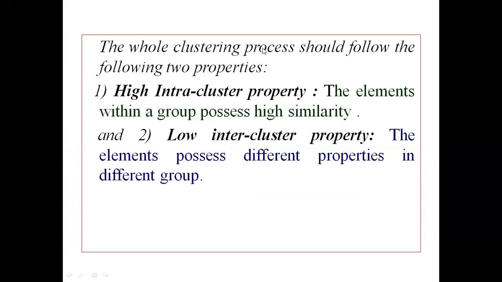Now, the whole clustering process should follow two properties. First one is high intra-cluster similarity, and second one is low inter-cluster similarity. High intra-cluster similarity means the elements within a group possess high similarity.